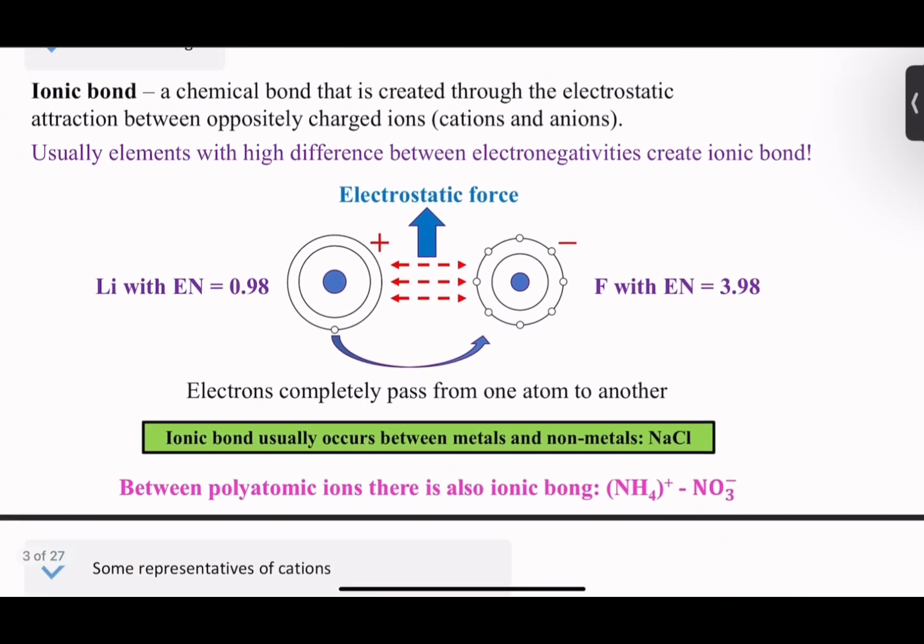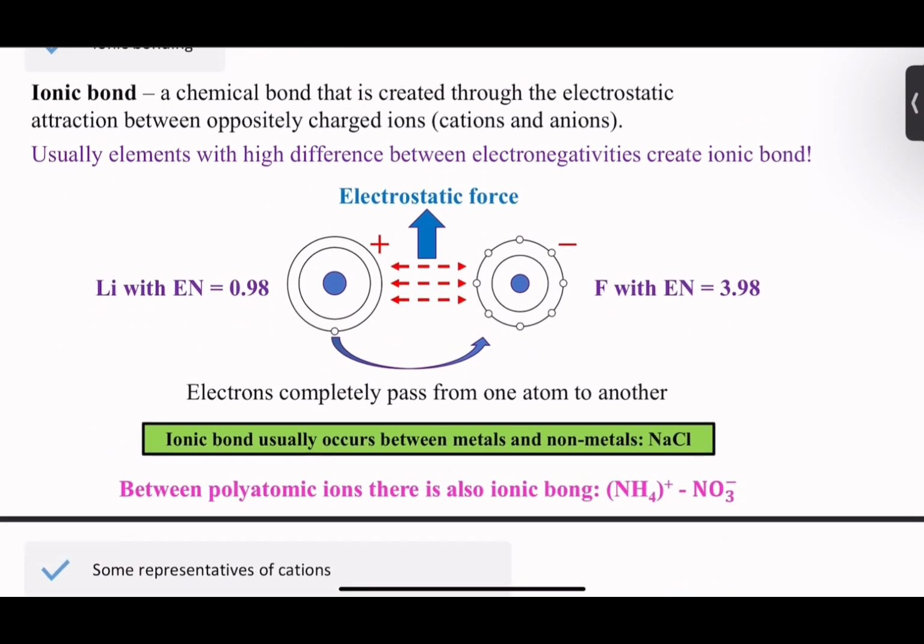So why do we have this electron losing and gaining? It is because of electronegativity. We know that electronegativity means the ability to attract.